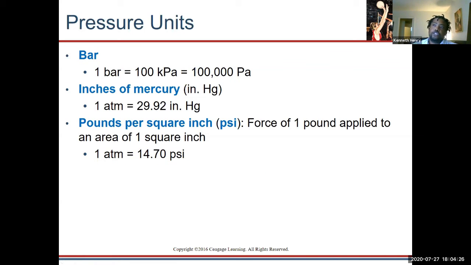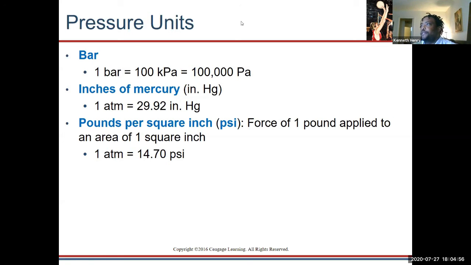Okay, so a bar is equal to 100,000 pascals or 100 kilopascals. So now you know that. How many bars will equal an ATM?